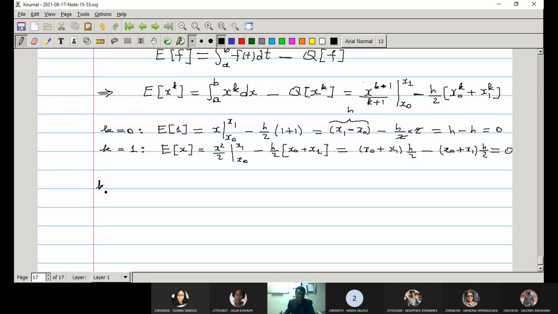So when k is equal to 2, similarly, x cubed by 3, so this will be x cubed by 3 from x0 to x1.